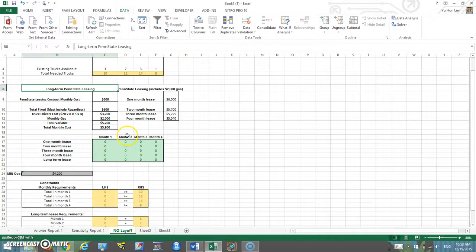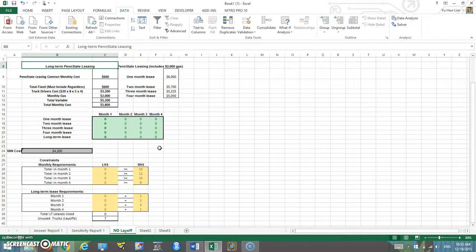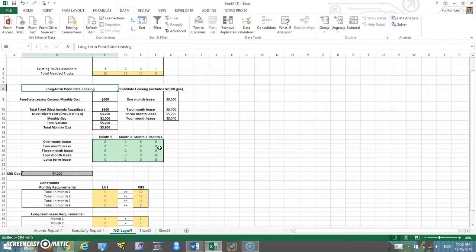Or if you lease the truck in month three, you could not lease the same truck in month four, and so on. So there's a linear relationship, and that's what makes this question interesting. We would have to use Solver four times, but I can just do it once, and I will show it to you later.